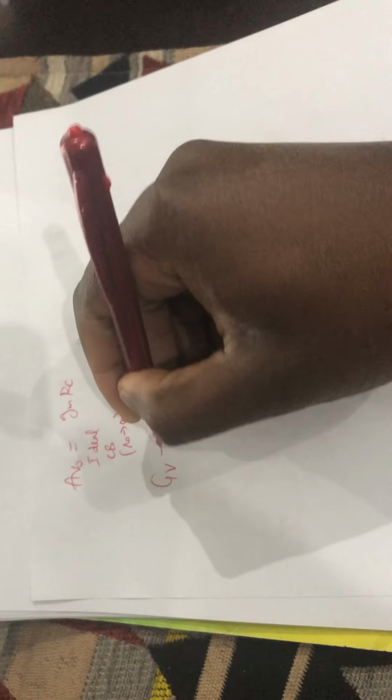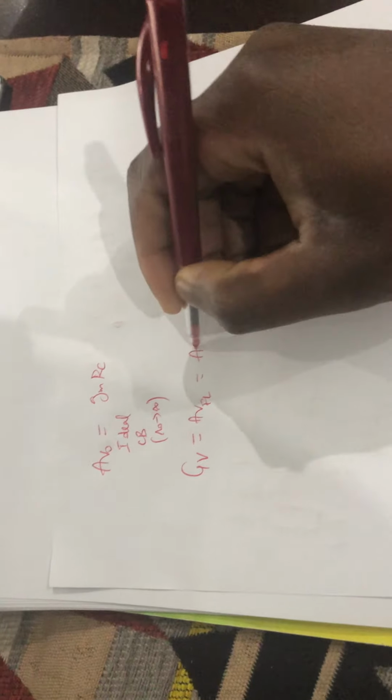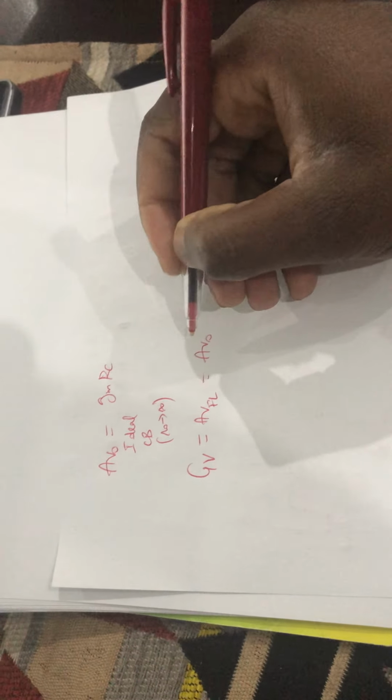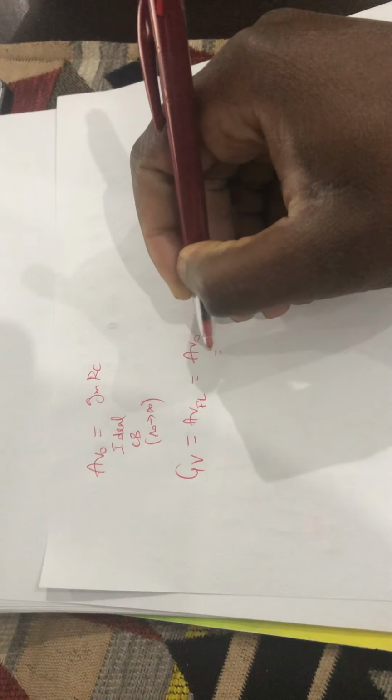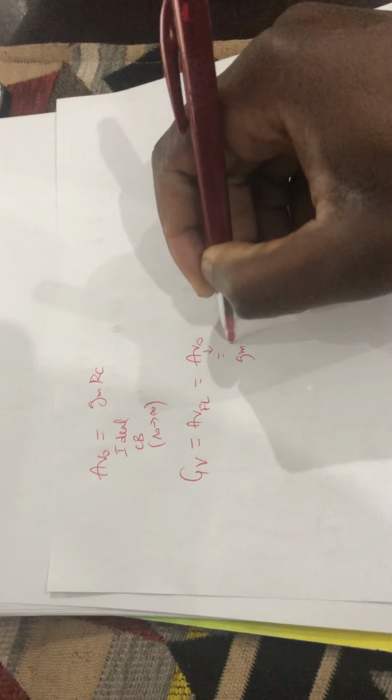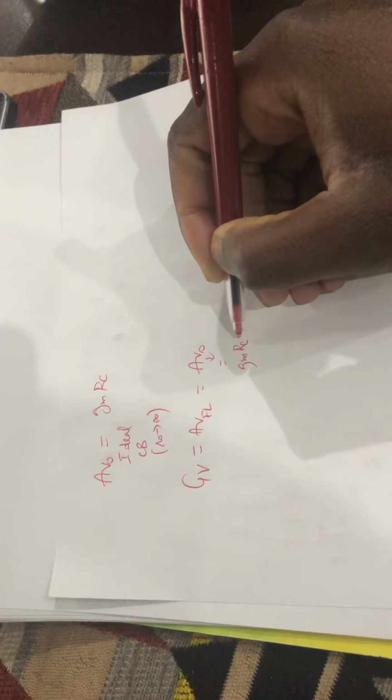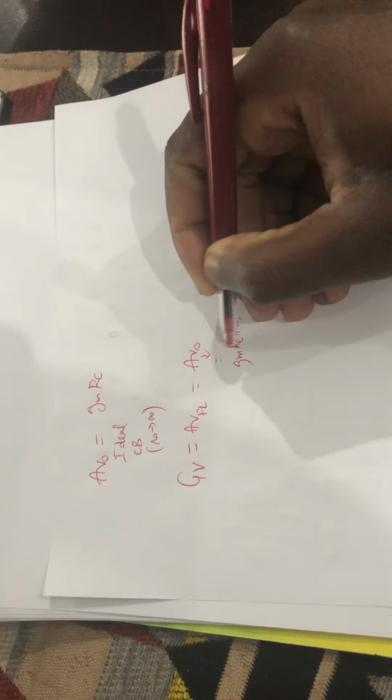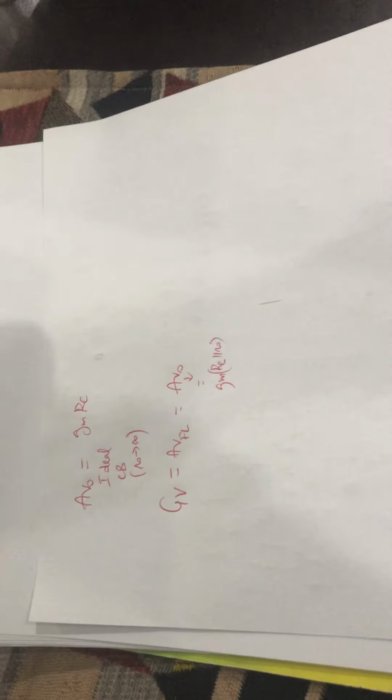fully loaded gain. When it comes to the fully loaded gain AV, meaning RS considered as well as R in, one will get it to be equal to the open loop gain, which we know is GMRC in parallel of RO in the non-ideal case, but GMRC in the ideal case.